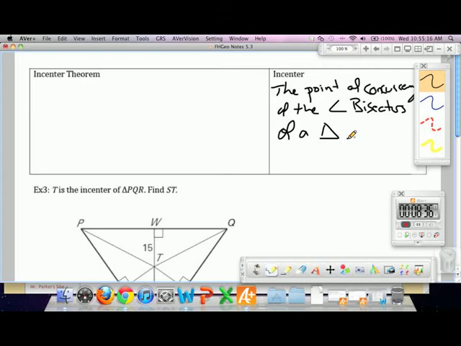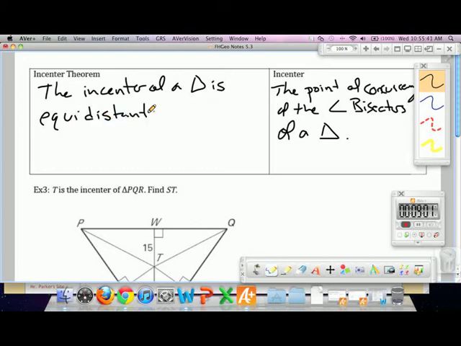And it's on this angle bisector, so it's the same distance from this side as it is to that one. Or more to the point, the incenter theorem says that the incenter of a triangle is equidistant from all three sides.